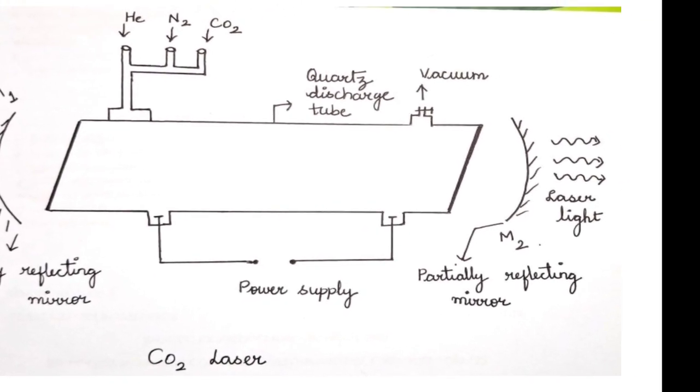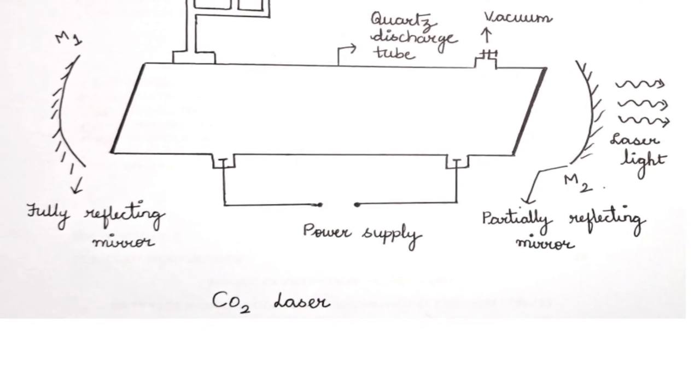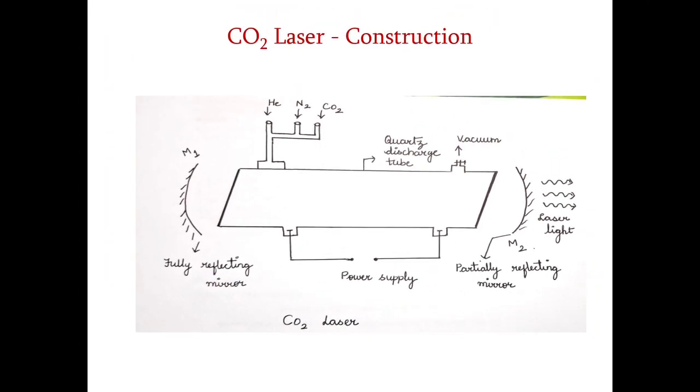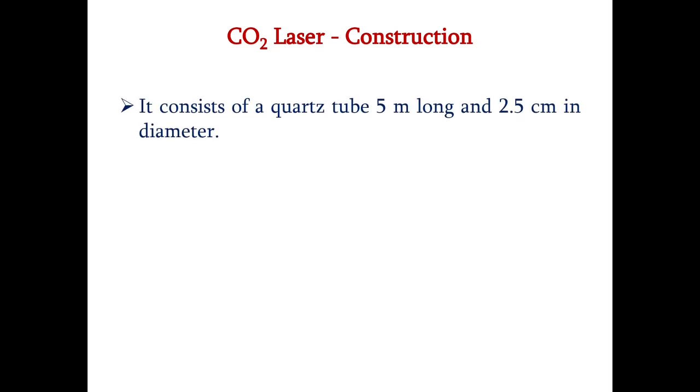And then here in the figure you can see M1 and M2, which form the optical resonant cavity. Here M1 is a fully reflecting mirror which reflects back into the discharge tube. On the other end, we have a partially reflecting mirror through which the laser light comes out.